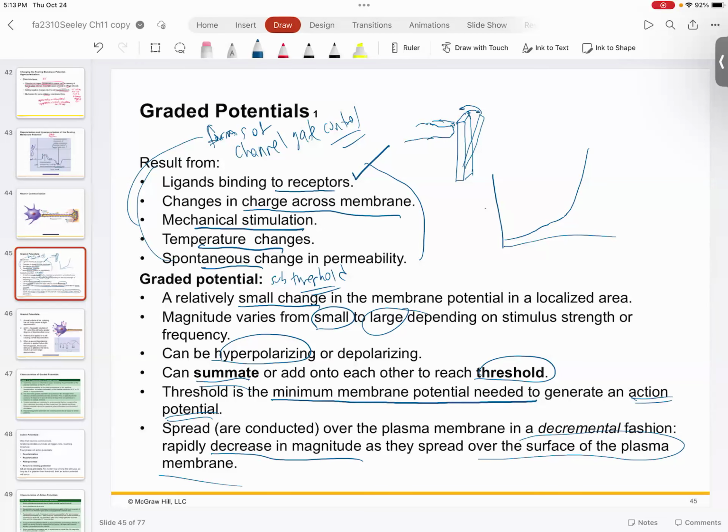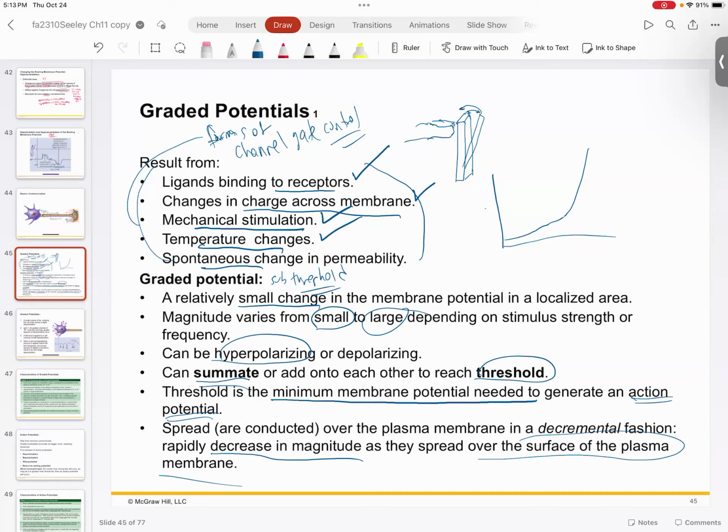We talked about charges or changes in charge across a membrane. That's voltage-gated channels. We talked about mechanically gated channels. And then in this chapter, we added to that a couple of others, right? We added temperature sensitive gates that open up from temperature, and touch receptors as well. That's another one, right? And then of course, added to this list is those spontaneous.